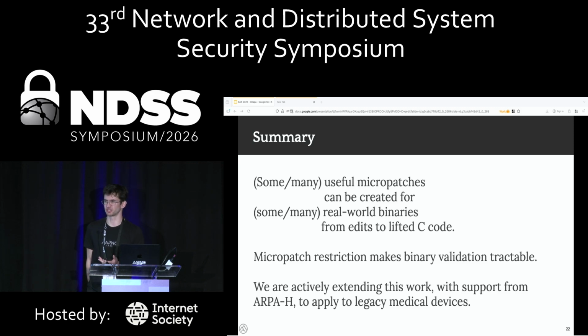We have different trade-offs because we can have a fair number of errors in the lifting, and it doesn't matter as long as those errors aren't where the patch needs to go. So you can have a function that is 80% wrong, and if the patch you need to make is in the 20%, you're fine. Or it can be 98% correct, and if you try to recompile it, that 2% will make it not work. But as long as you're in the 98% that's not wrong, in terms of your patch and the metadata, then our technique would succeed.